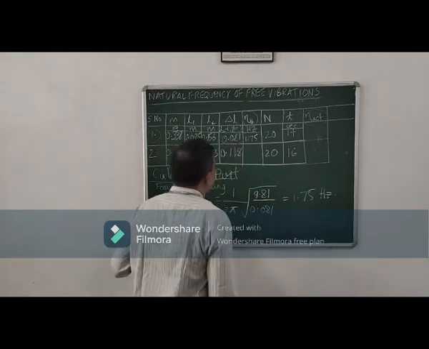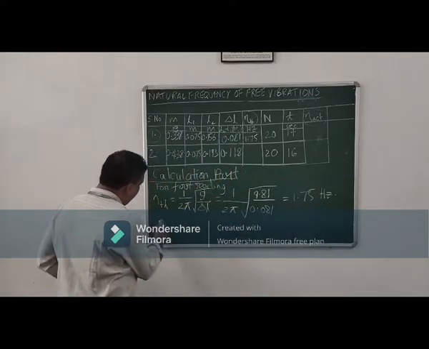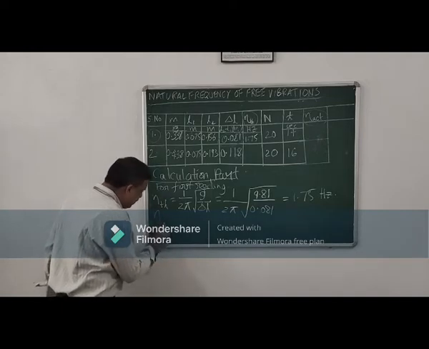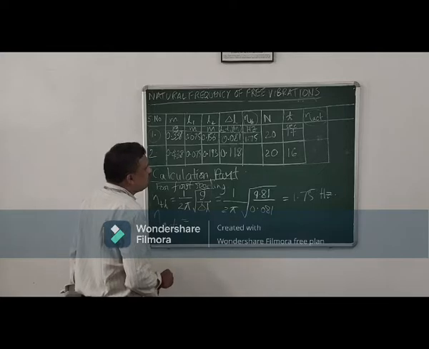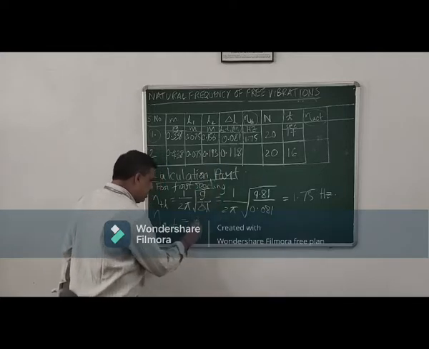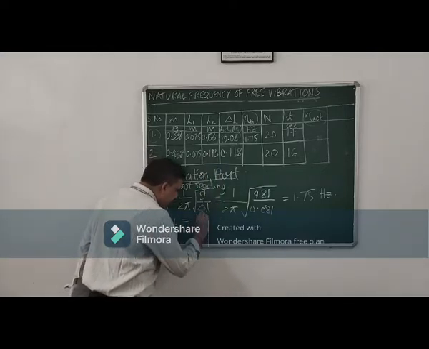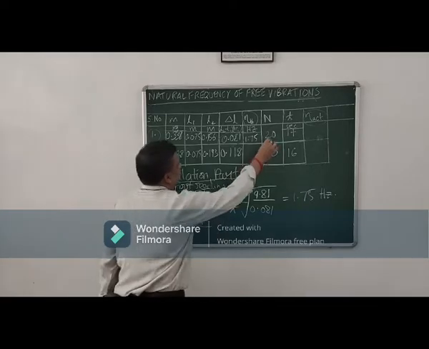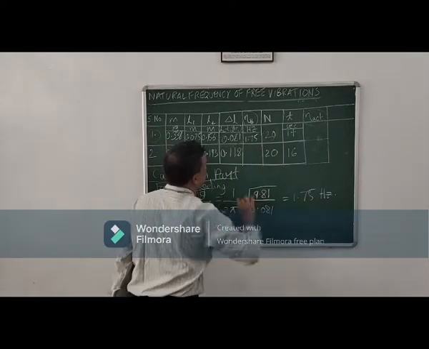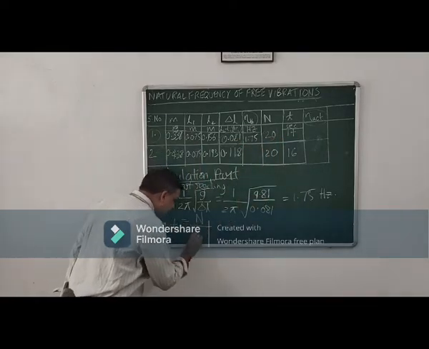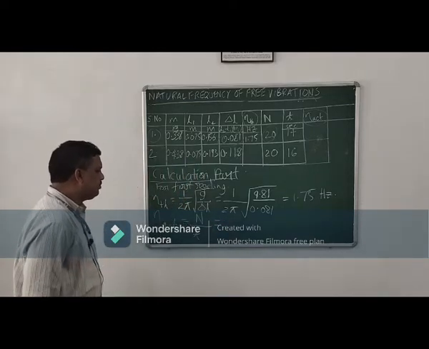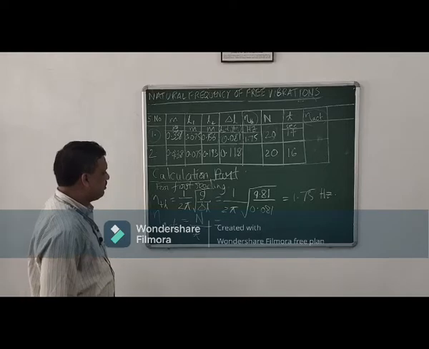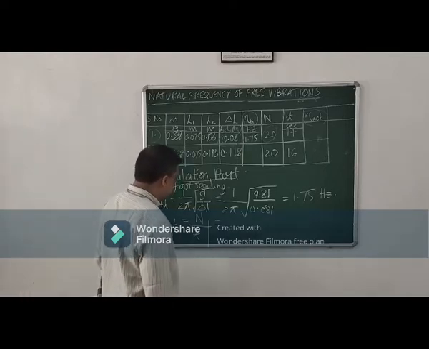Also, we have to calculate the actual natural frequency. To calculate it, you divide the number of oscillations by the time taken for that number of free vibration oscillations.